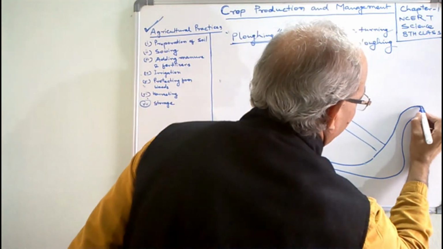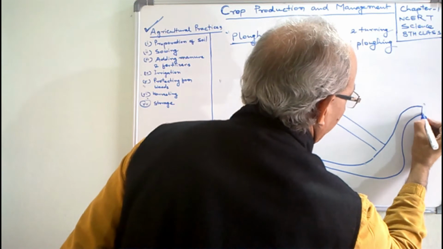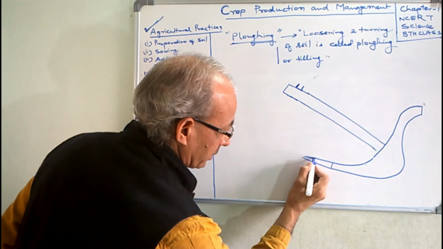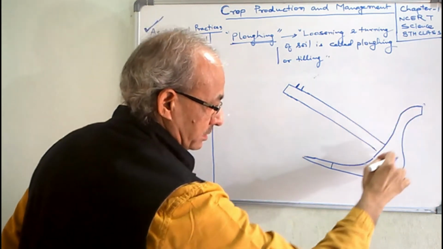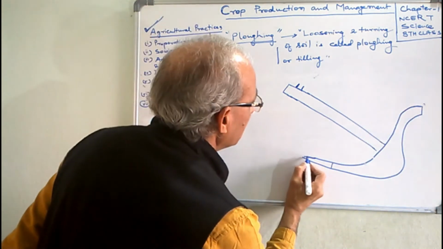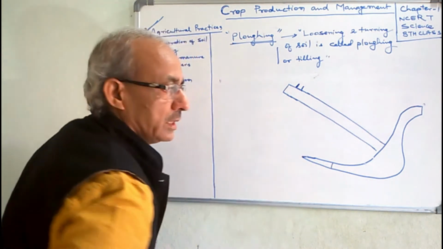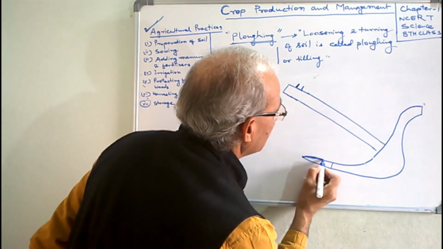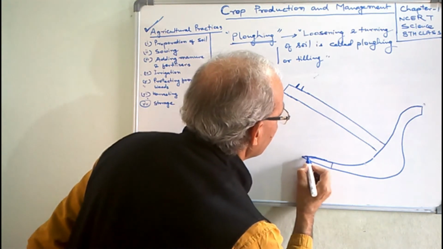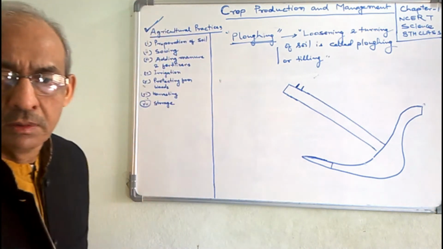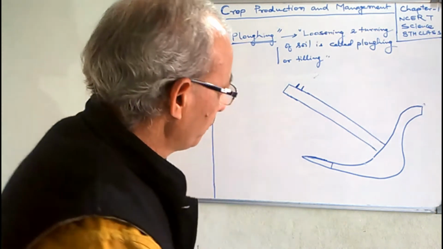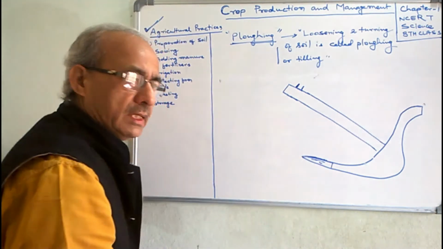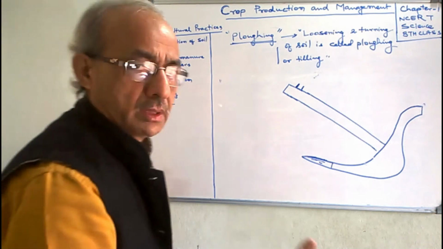And this is the handle, and this end of this part has a metal, particularly iron, triangular strip by which the soil is loosened or turned.